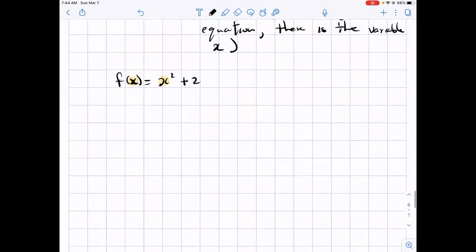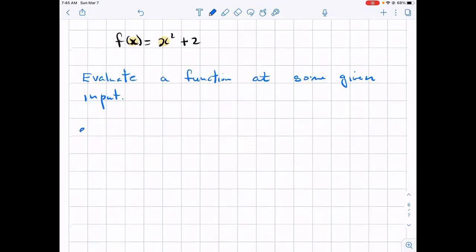Now, this helps us because now we're able to evaluate a function at some given input.